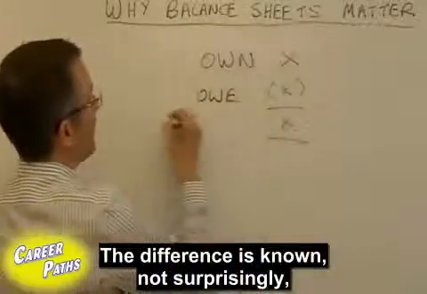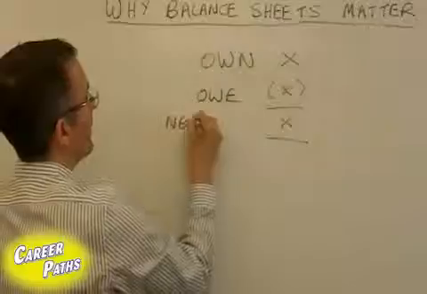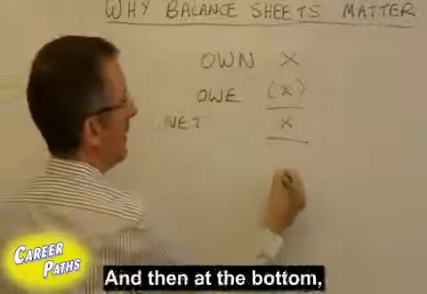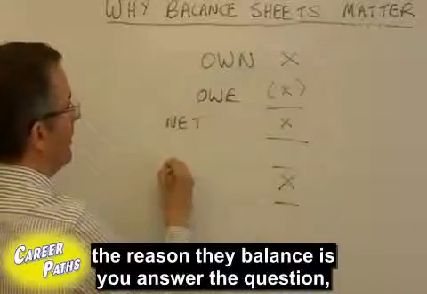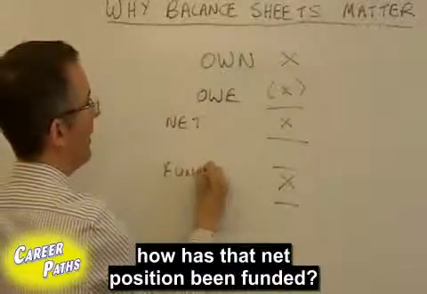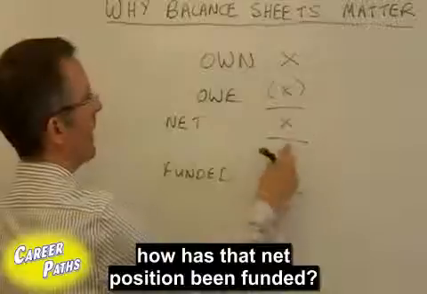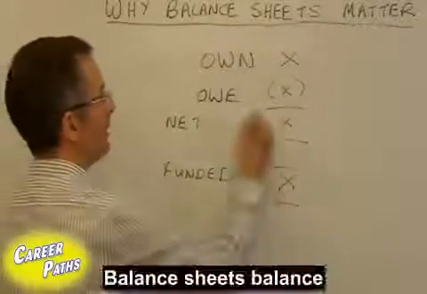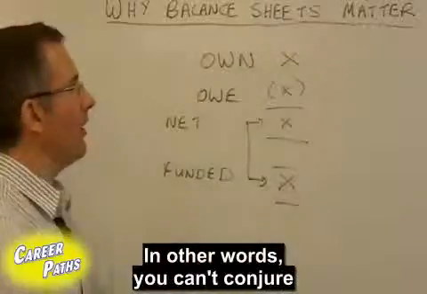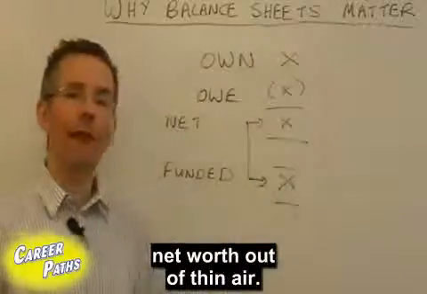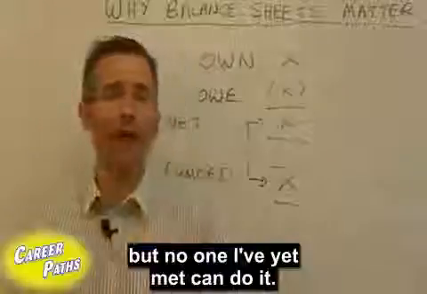The difference is known, not surprisingly, as the net position, and then at the bottom, the reason they balance is you answer the question, how has that net position been funded? Balance sheets balance because those two numbers should be the same. In other words, you can't conjure net worth out of thin air. It'd be nice if you could, but no one I've yet met can do it.